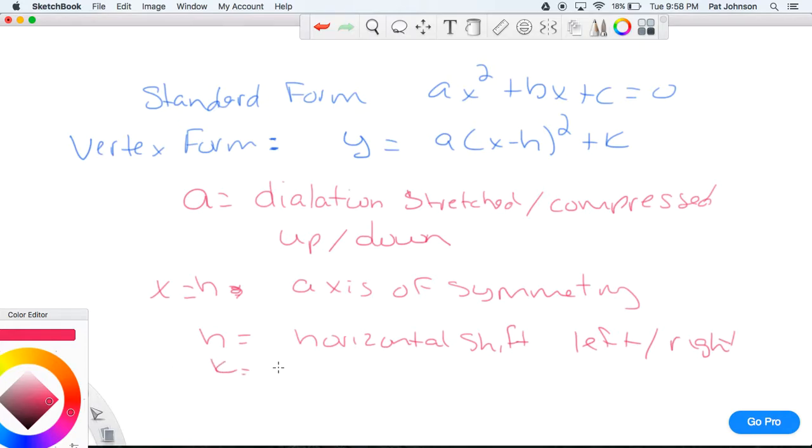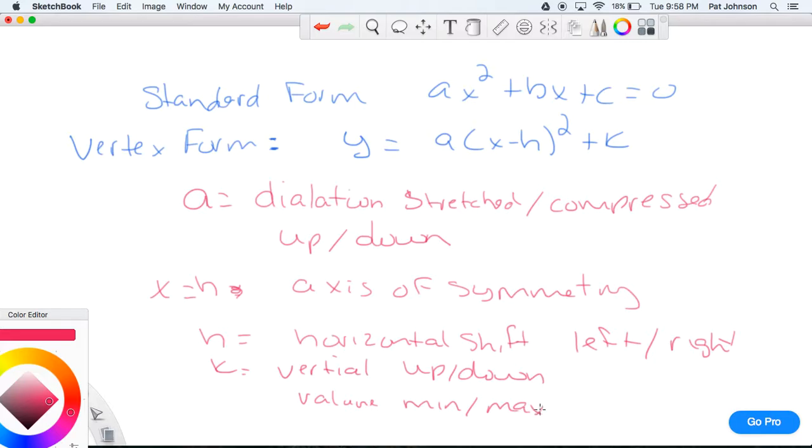K tells us the vertical shift, up or down. It also tells us the value of the minimum or the maximum. Remember, if a is positive, we have a minimum because it opens up. If a is negative, it opens down and we have a maximum.